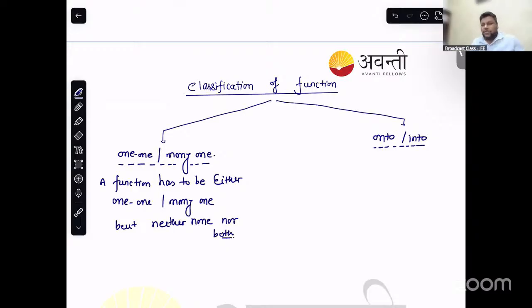So if there is any function you see, either it will be one-one or it will be many-one. But it cannot be both.